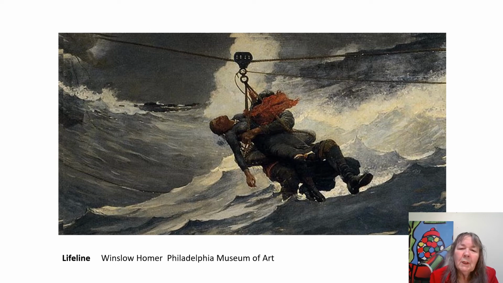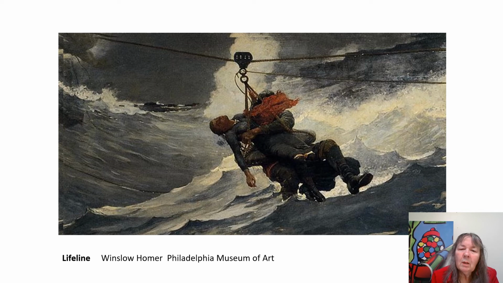So if you look at this painting, you can see that our attention goes immediately to the scarf. We anticipate, is this person going to be rescued? It creates a kind of drama. The waves, they're dipping into the water.